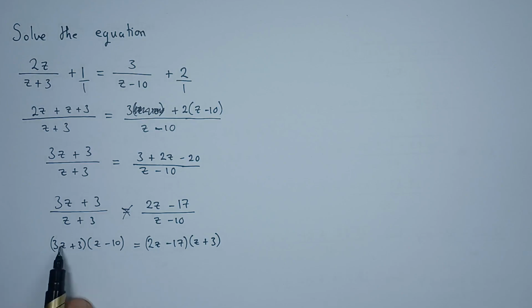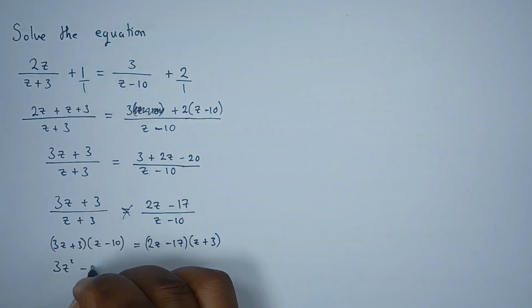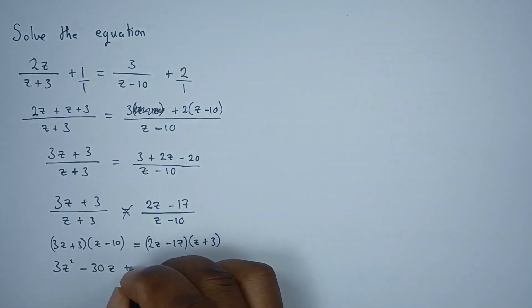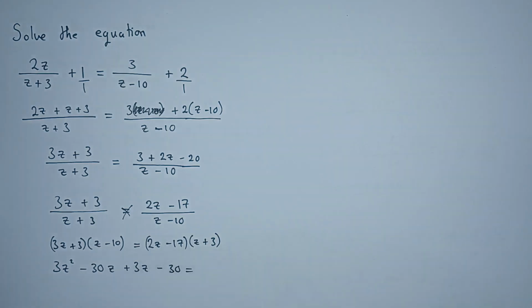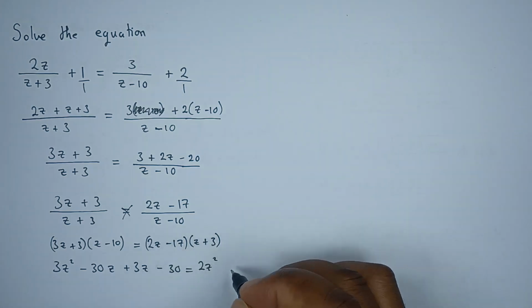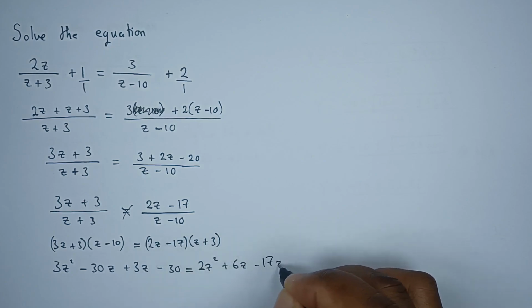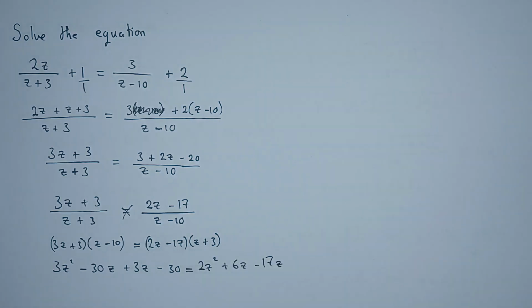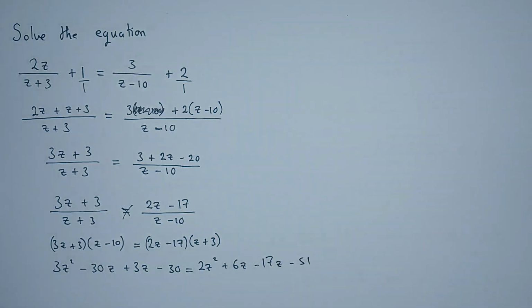So 3z times z, that is 3z squared. 3z times 10, that is 30. 3 times z, again, that is 3z. 3 times 10, that's another 30. All this is equals to 2z times z is 2z squared. 2z times 3, 6z. 17 times z is 17z. And then 17 times 3, that is minus 51.